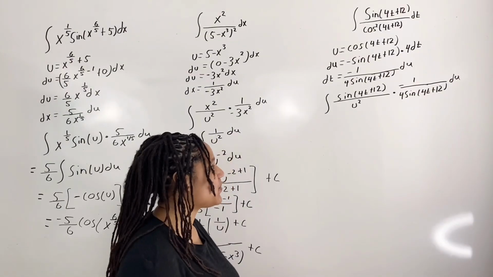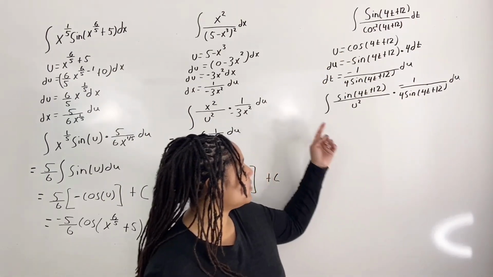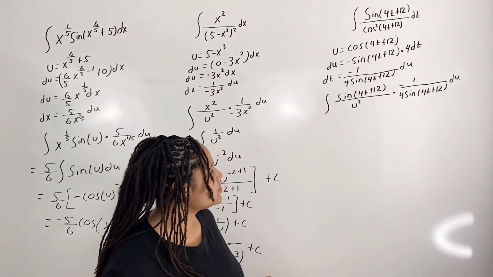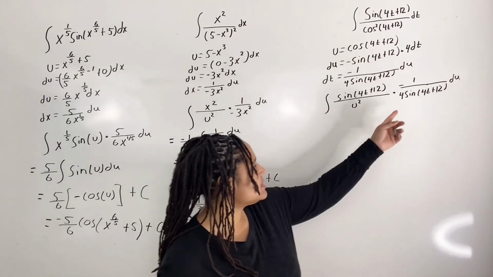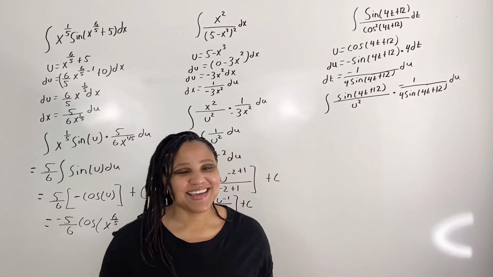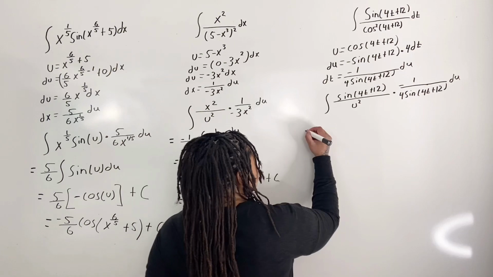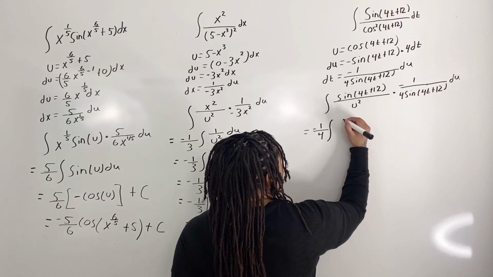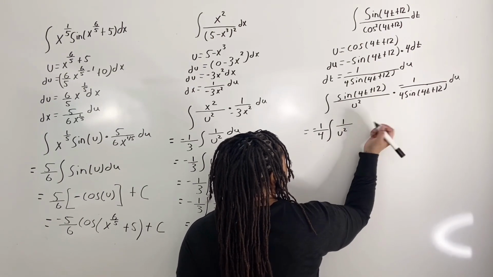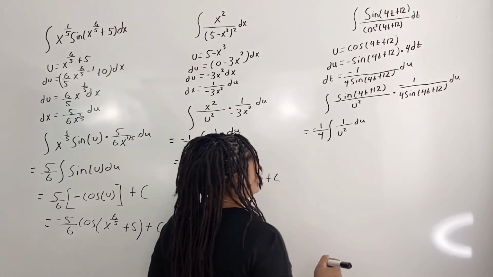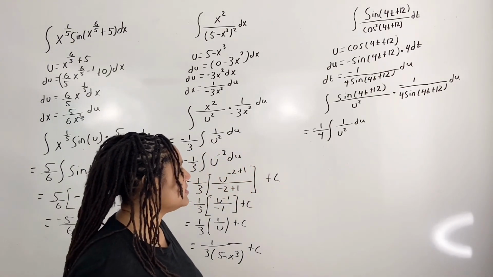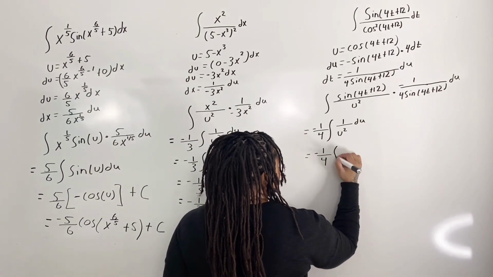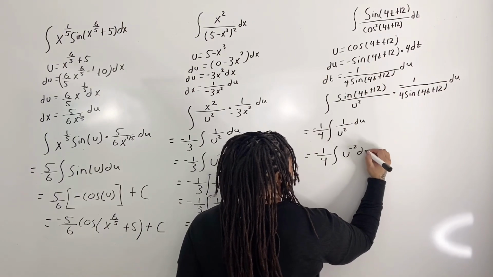And now I'm going to bring out the negative 1/4, and I will cancel sine of 4t plus 12 in the numerator with sine of 4t plus 12 in the denominator. So this is equal to negative 1/4 times the integral of 1 over u squared du. And rewriting the integrand, this is equal to negative 1/4 times the integral of u to the negative 2 du.